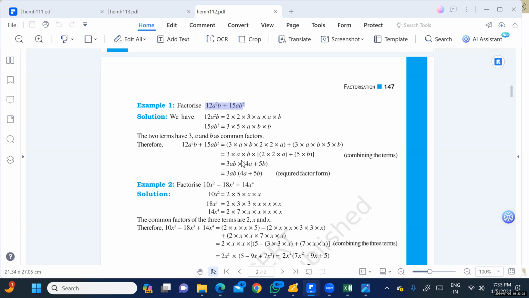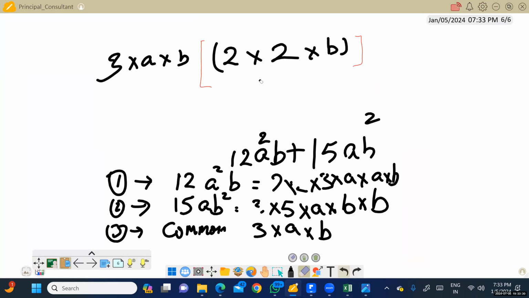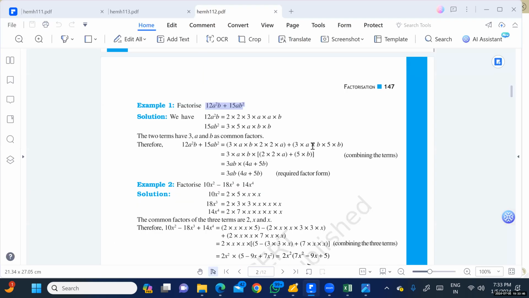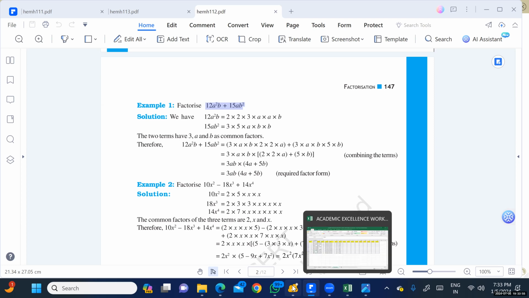We have done up to this step. 3 into A with 2 into 2 into A plus 5 into B. Okay. So 2 into 2 into B, and now we'll do plus 5 into B, because A and B are common here. 5 into 2 into 2 into A plus 5 into B.